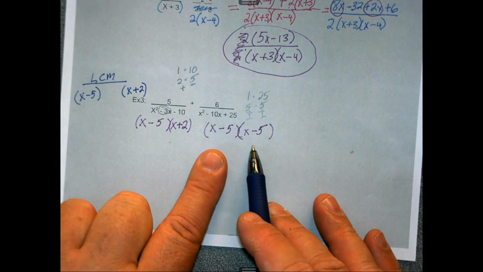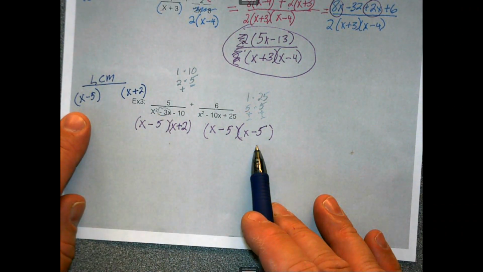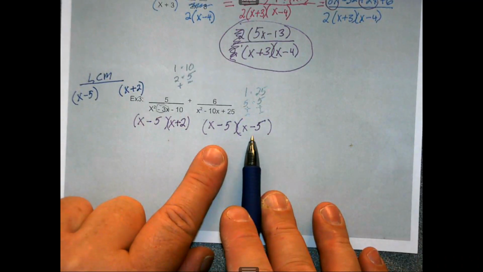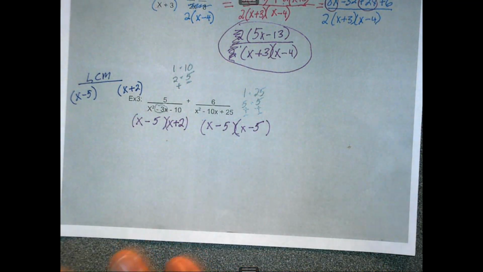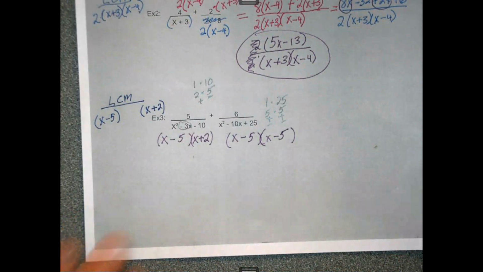What does this denominator need? Well, I have an x minus 5 here, and I have an x plus 2. What do I need here? Then the x plus 2. X minus 2. Okay. Let's see.